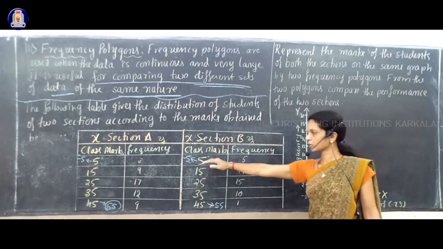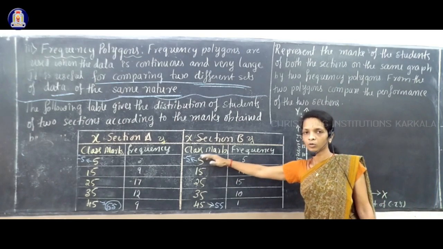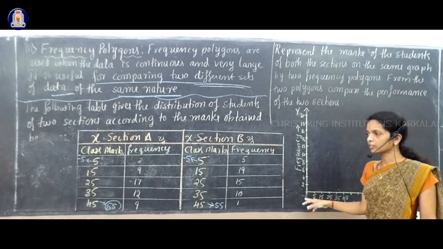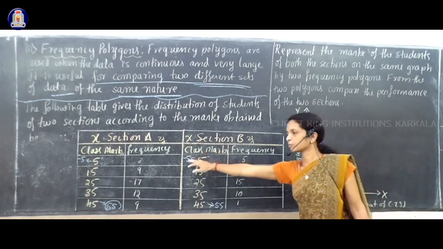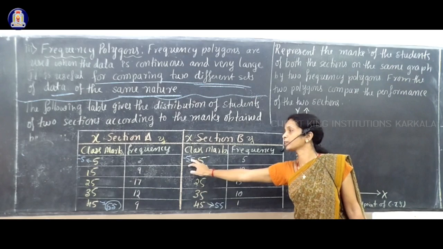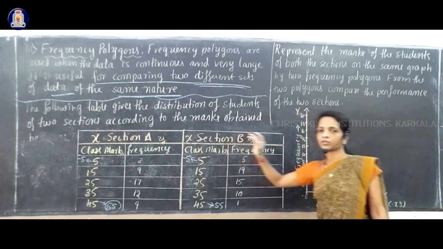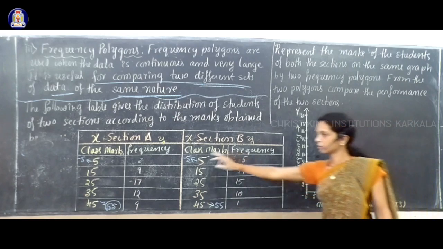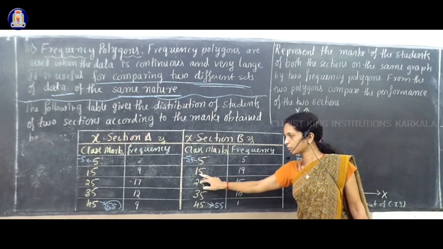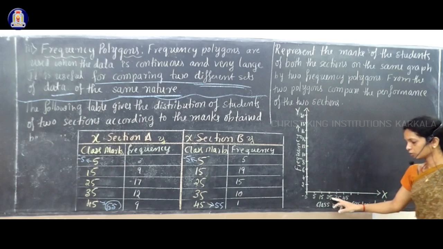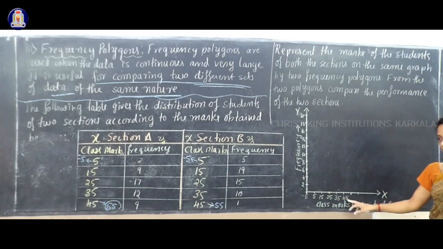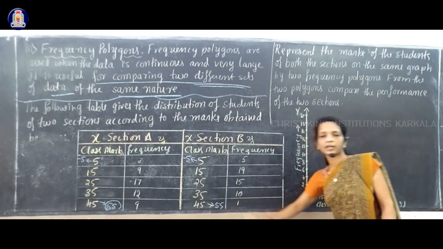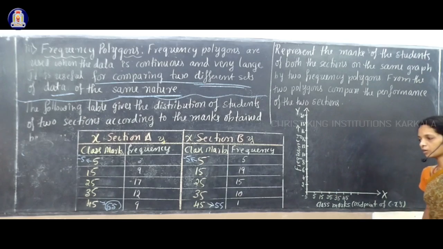And here, in the table it starts with 5, but you have to start from the previous class mark, that is minus 5. From there you have to start. So first you write minus 5, then 5, 15, 25, 35, 45, and the next class mark after the last one, 55.